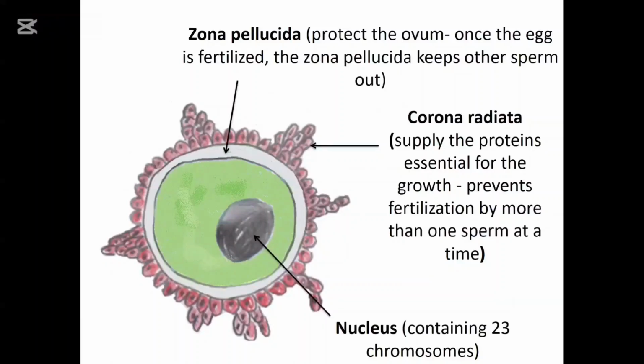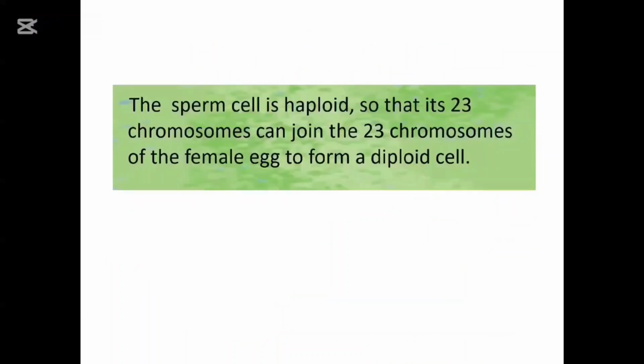It keeps the sperm out, all the sperm, except the lucky one. Corona radiata supplies protein and elements for growth of the ovum, helps fertilization, and prevents entry of more than one sperm in most cases. And the nucleus with the 23 chromosomes.